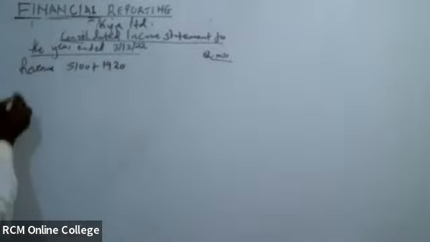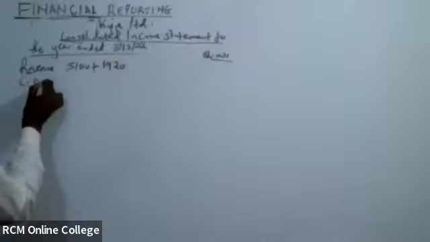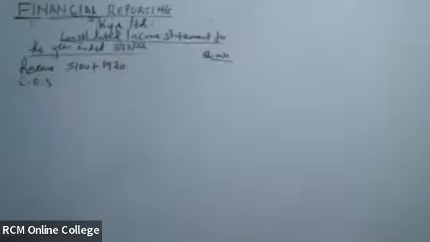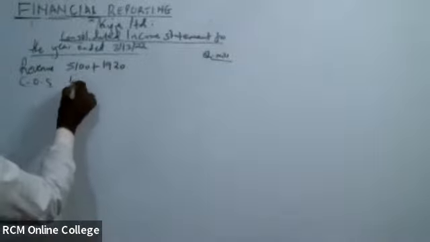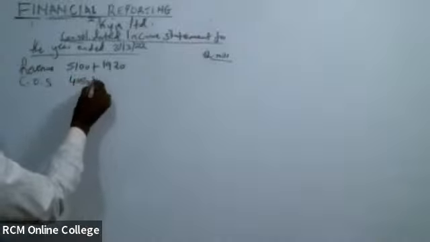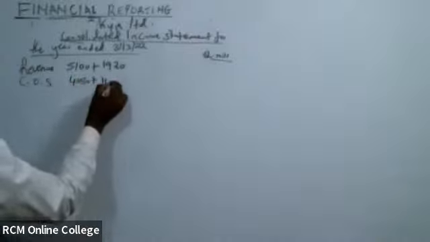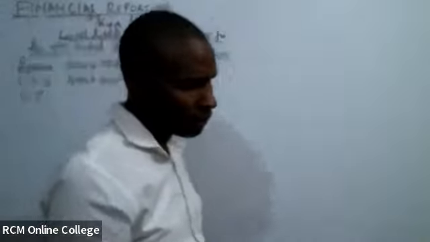Cost of sale: 4050 plus 1110. Next, gross profit. I know it will change, so gross profit we usually don't pick.